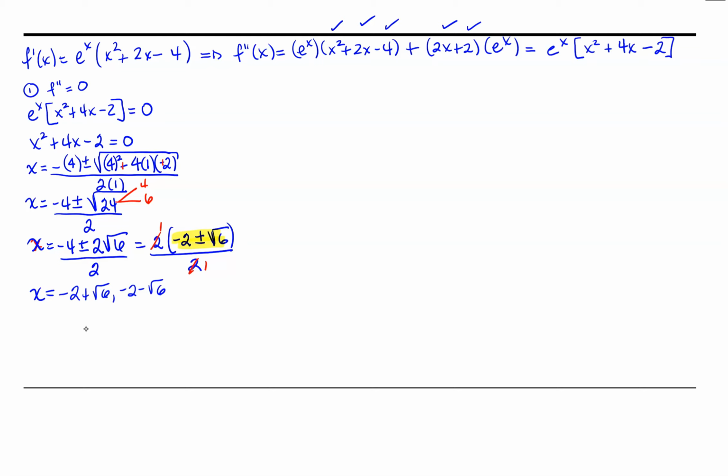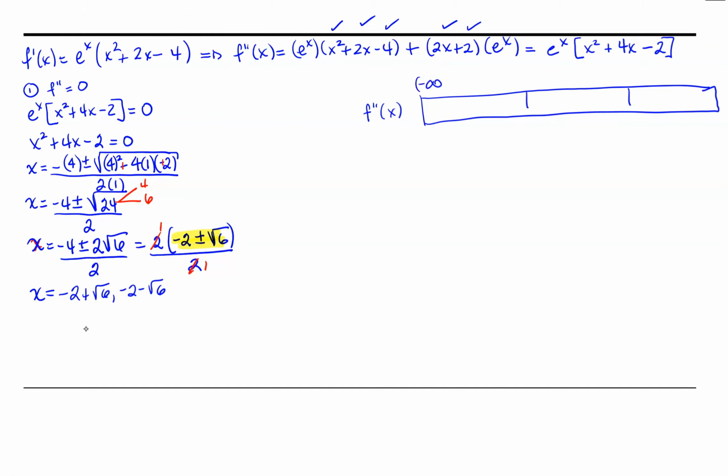square root of 6. So now these two critical points subdivide the real number line, or the x-axis, into 3 intervals on which we need to test the concavity of the function. So the first interval, going left to right, is negative infinity to negative 2 minus square root of 6.